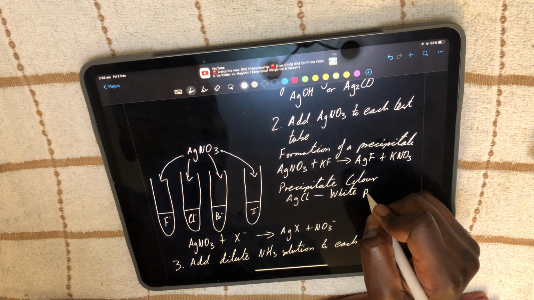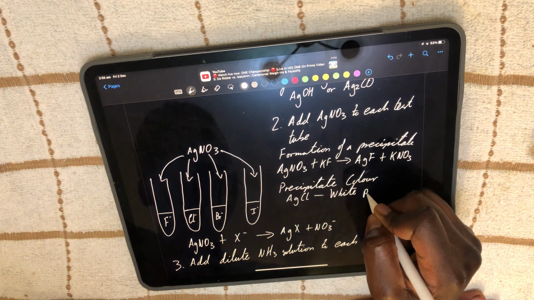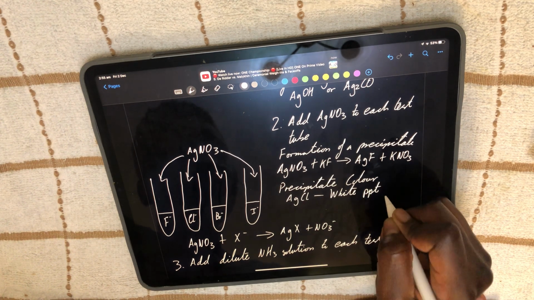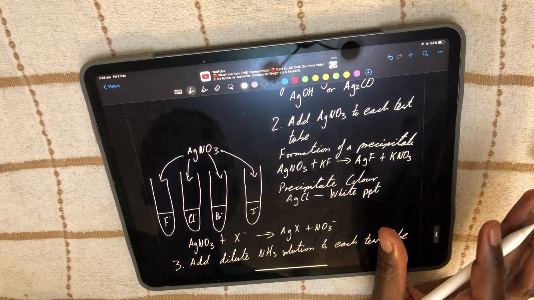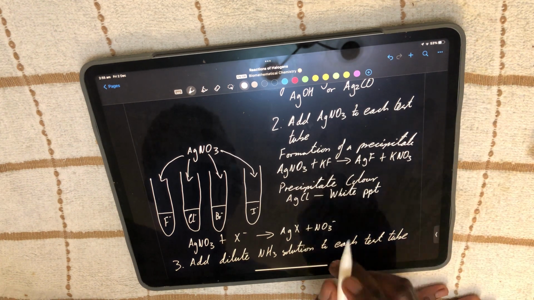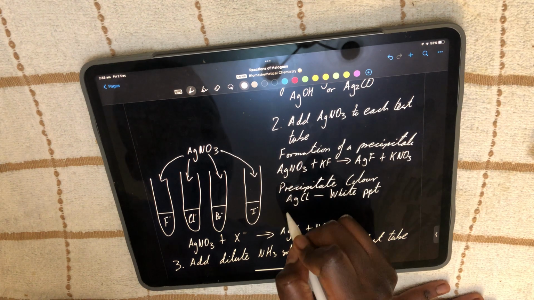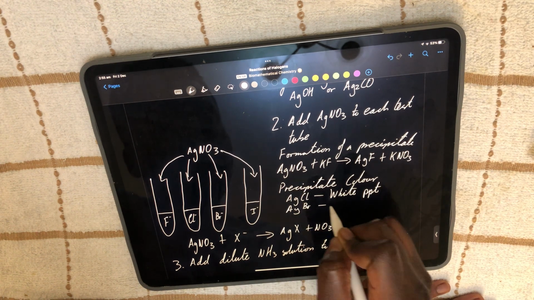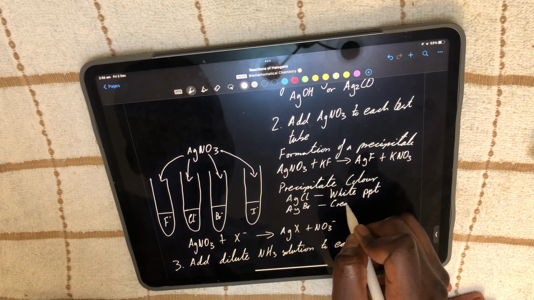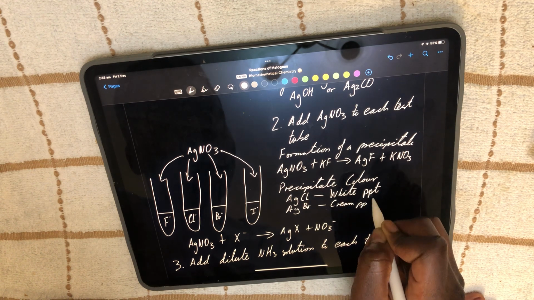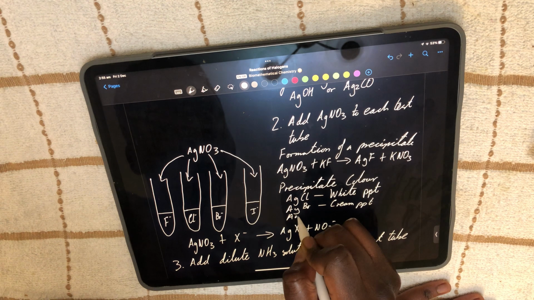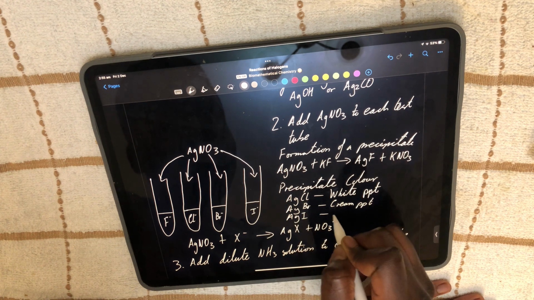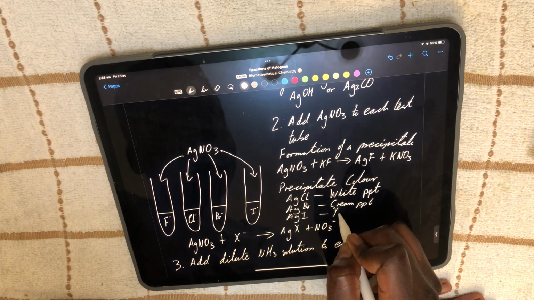In mark schemes, it will show PPT to represent precipitate, but they always say, don't write PPT, write precipitate. But I'm just trying here to show that it's shorthand. AgBr, which is a cream precipitate, and silver iodide, which is a yellow precipitate.